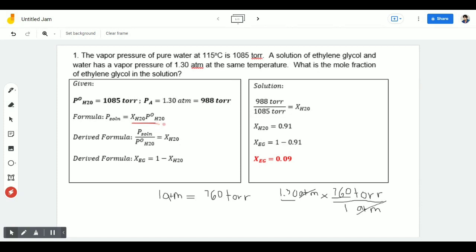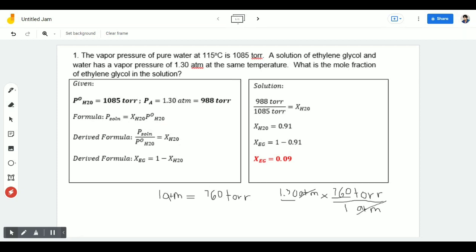So, ano nga ba yung itong mga to? Si P solution is si 988 torr. Kung saan ito yung partial pressure ng solution. And then, si XH2O, siya si mole fraction ng solvent. And then, si P raised to O, H2O, siya yung vapor pressure ng pure solvent.